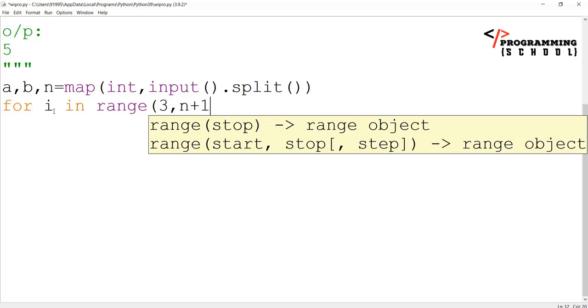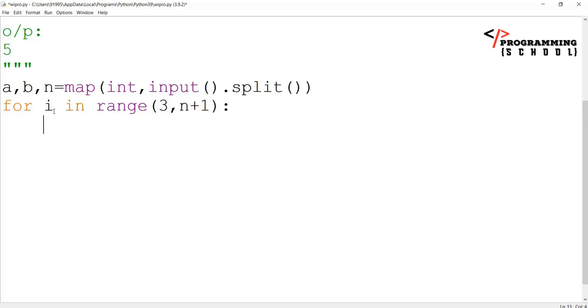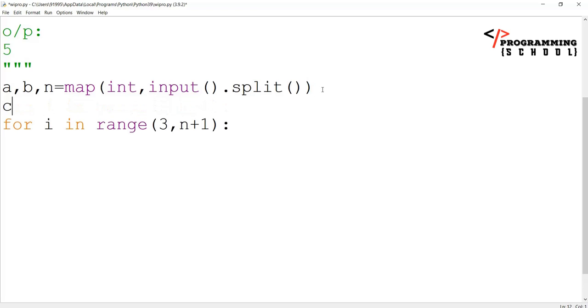Already two terms are there, so I'm going to start with the third term and go up to the nth term. That's why I'm going to write n plus 1. And here I'm going to take C is equal to B, that means the third value starts from B.